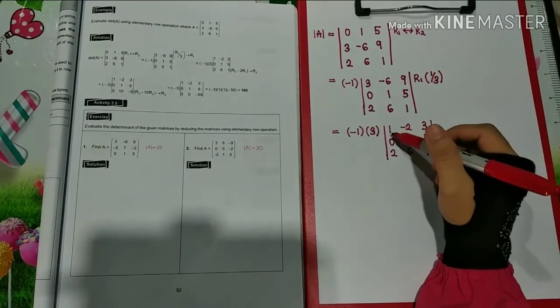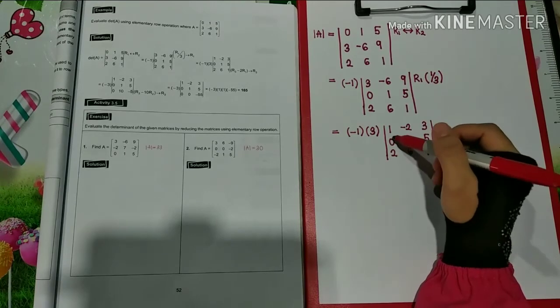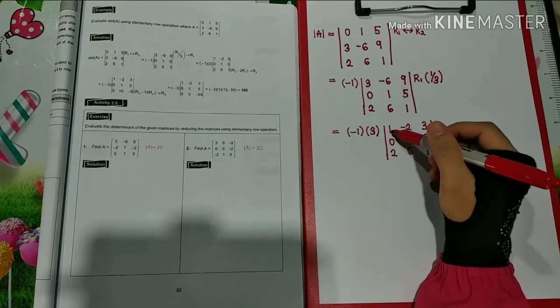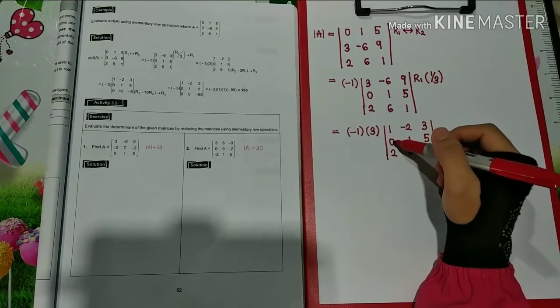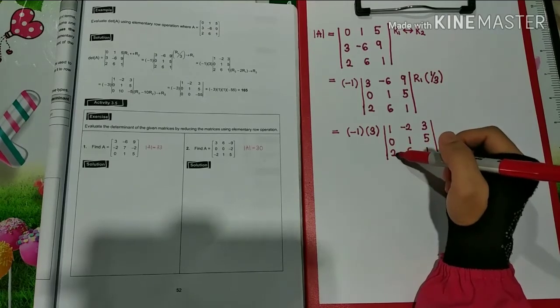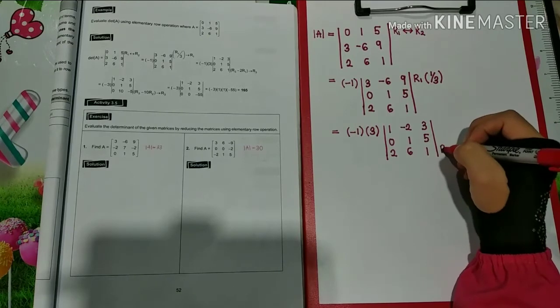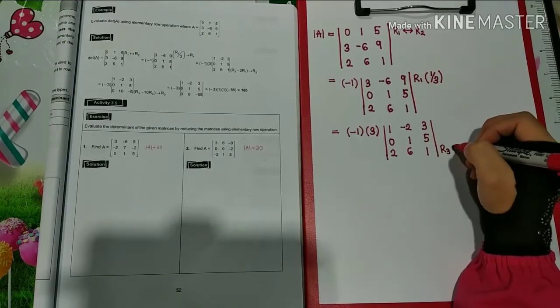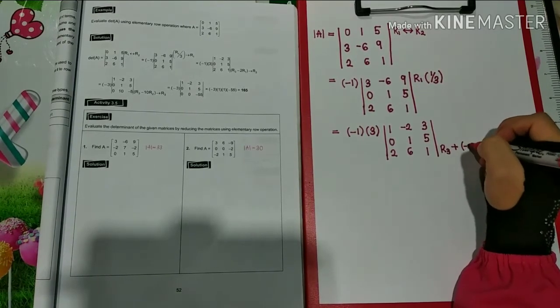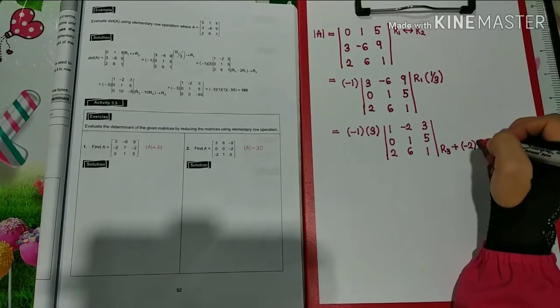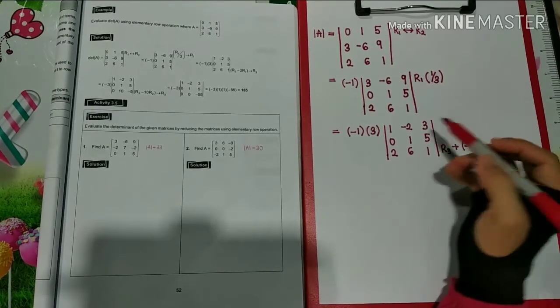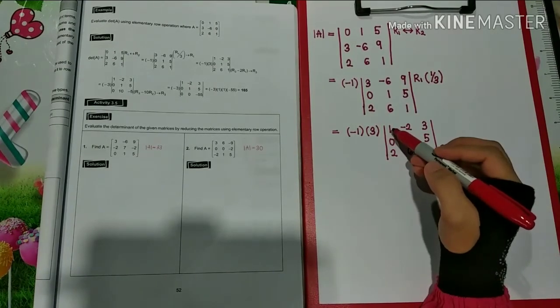Right, now we check the entries below the leading one. This entry is 0. And now you change this entry to 0, so that means you want to change R3. So what you need to do is R3 plus -2 times the leading one row, which is R1.